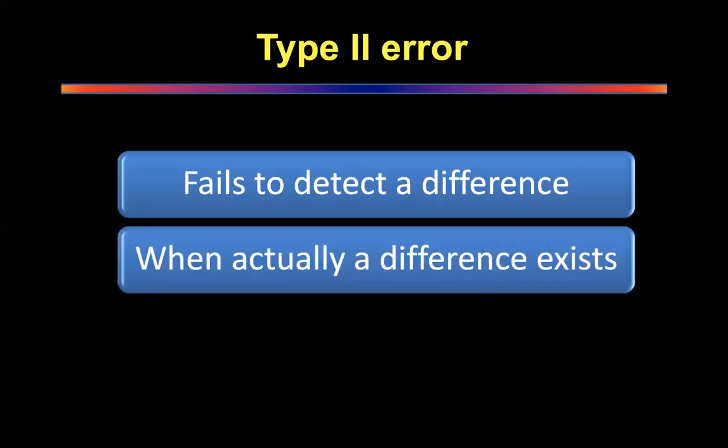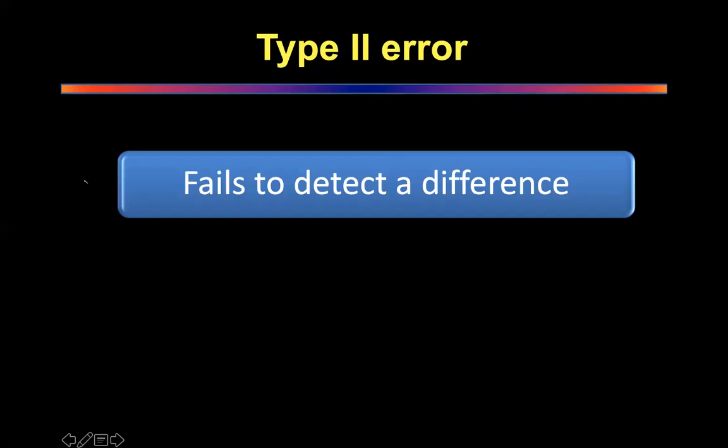Does that make sense? It's a wrong study. The null hypothesis said that there was no difference. The statistical test that you used showed there was no difference. But actually there was a difference. So that's a type 2 error.